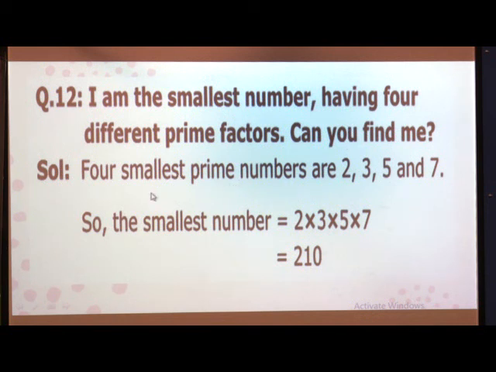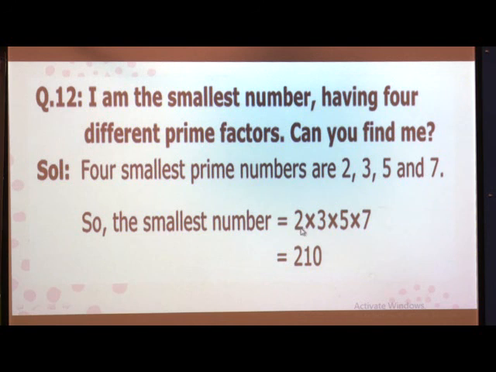We have to take the 4 smallest prime numbers. What are the 4 smallest prime numbers? 2, 3, 5 and 7 are the 4 smallest prime numbers. To find the number, we have to multiply these prime factors.